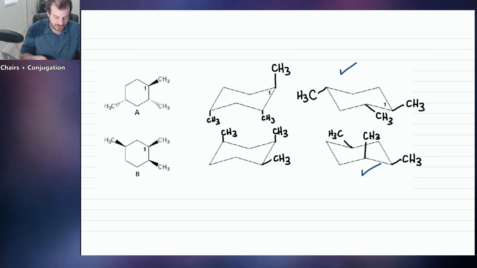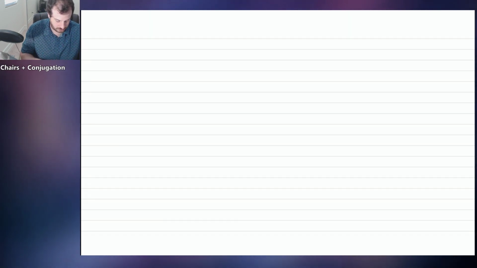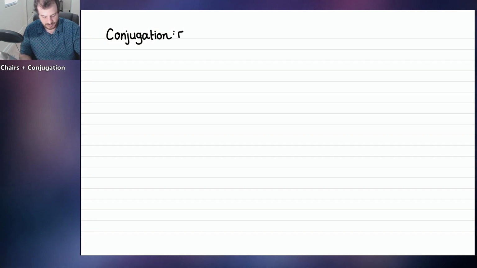Let's move forward into another quick little discussion about a concept called conjugation. Conjugation comes from the Latin, con, which means with, and jugare, I don't know if that's how they would say it in Rome, which means joining.